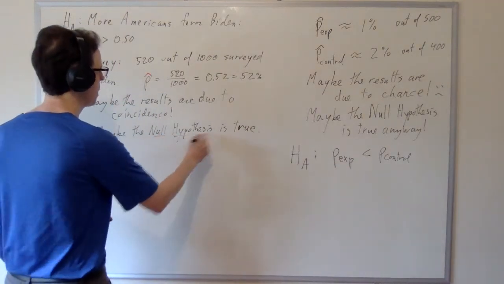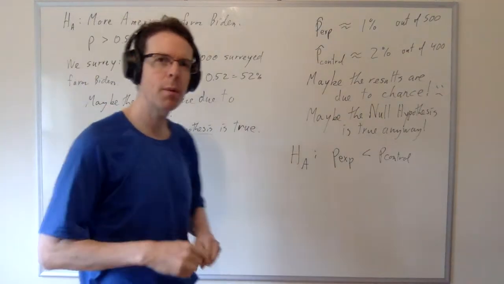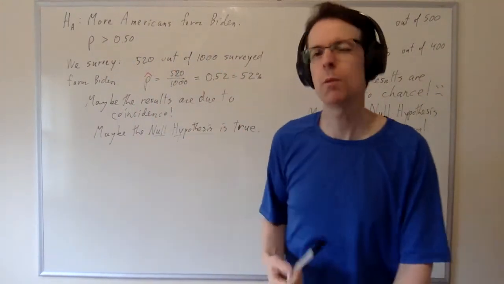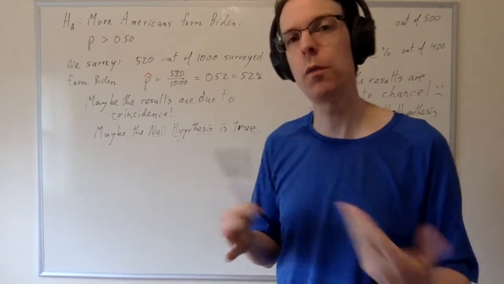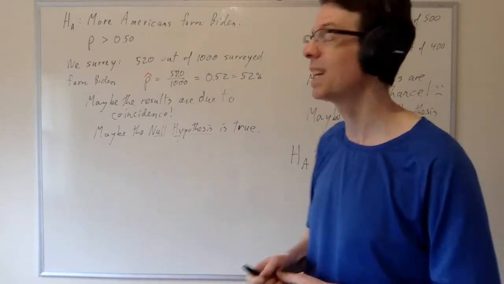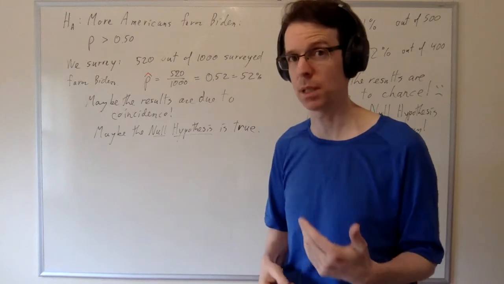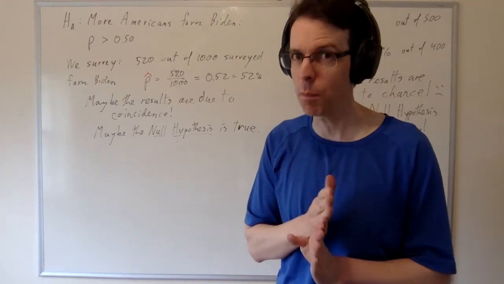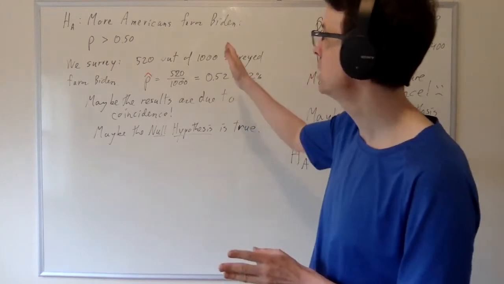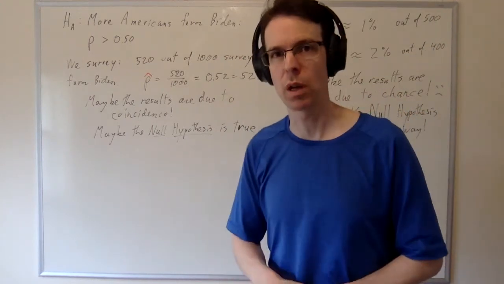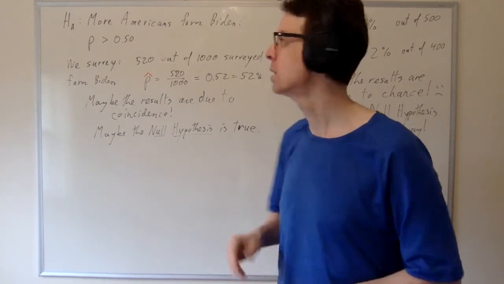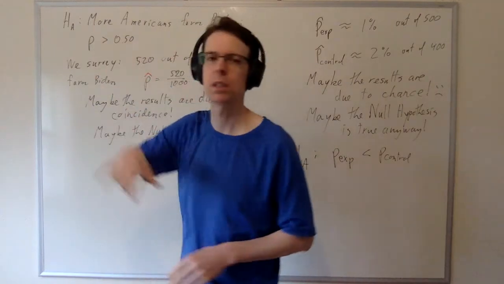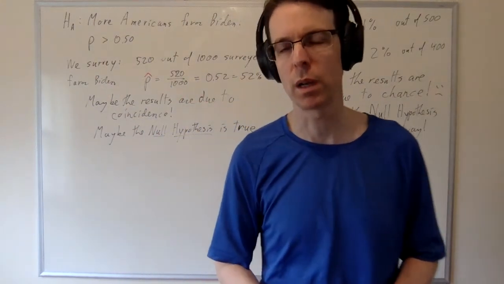If the alternative hypothesis is a statement that more than 50% of Americans favor Biden, you might think the null hypothesis would be the counterpoint, fewer than 50% of Americans favor Biden. But that's not actually the null hypothesis. That's the opposite hypothesis. The null hypothesis is the statement of no effect, which is the statement of parity, which in this case is the statement that exactly 50% of Americans favor Biden. It's the even Steven, exactly in the middle. So the null hypothesis is actually the statement that exactly 50% of Americans favor Biden.